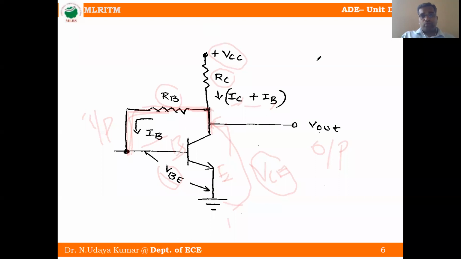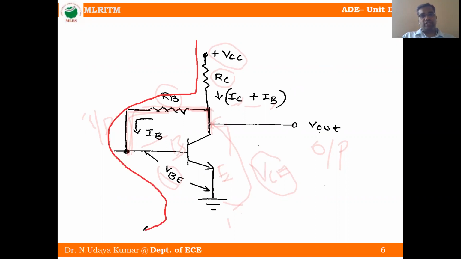How do we analyze this circuit? First, we have to write the input KVL. We take the path from VCC through RB, and this is the input side, from VCC to ground.